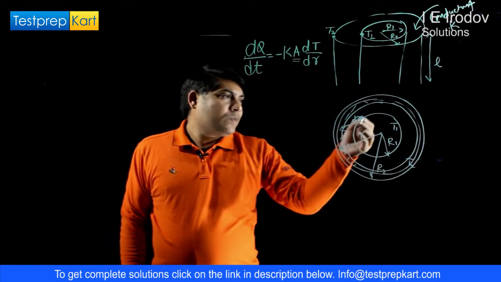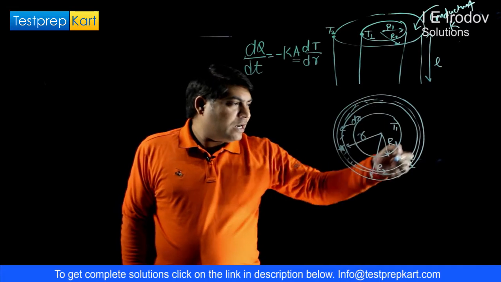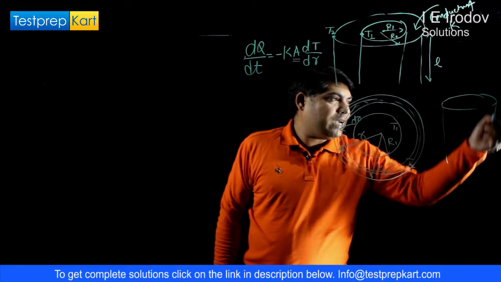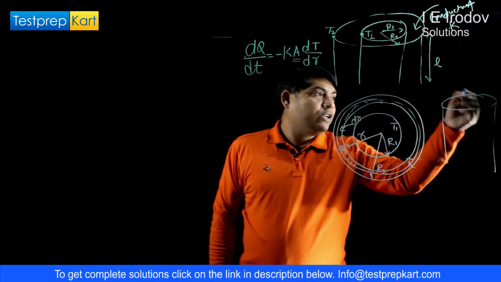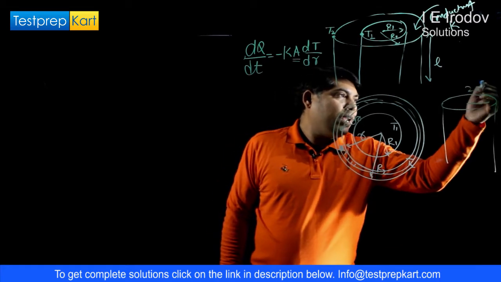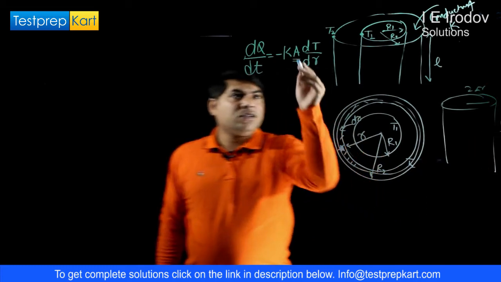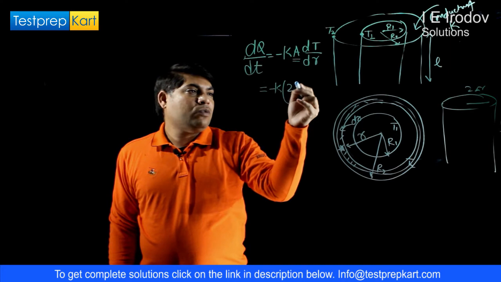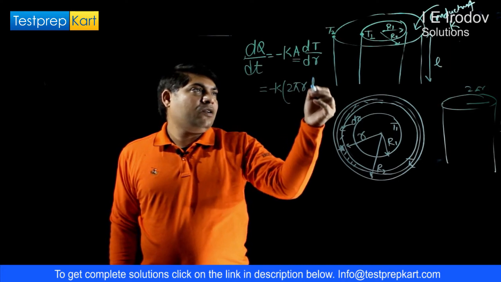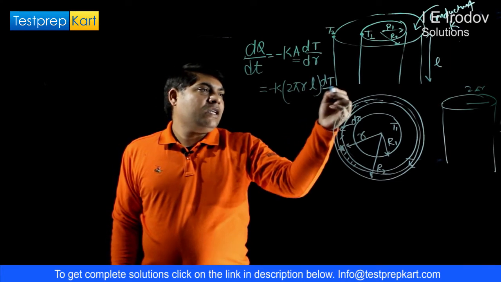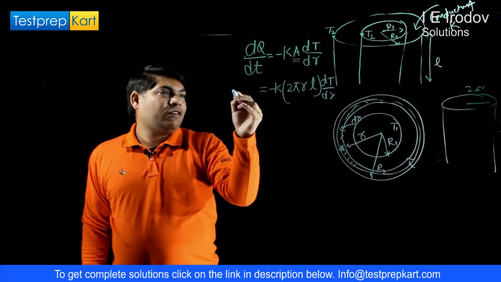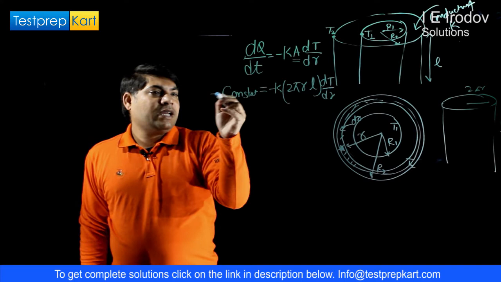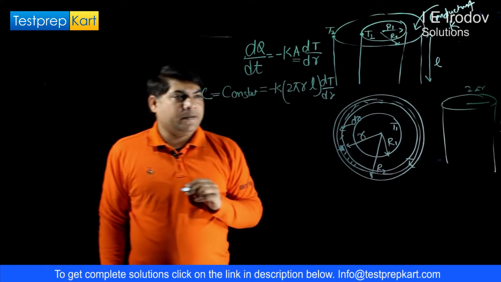The circular area of the cylinder, because there will be a formation of a cylinder at each step if you look in 3D. So this is 2 pi r and length is L. So the area can be replaced, giving K into 2 pi r L into dT over dr, and this rate of flow is of course constant, so we can put it as constant C.